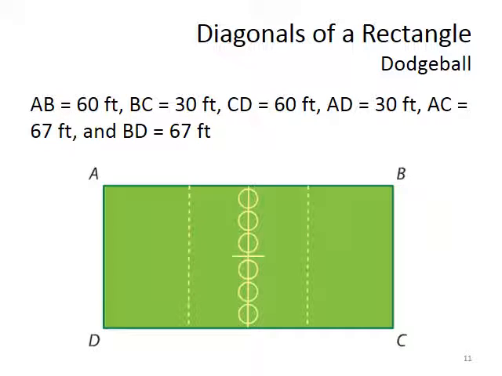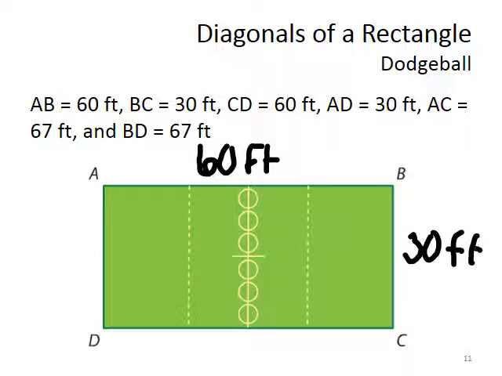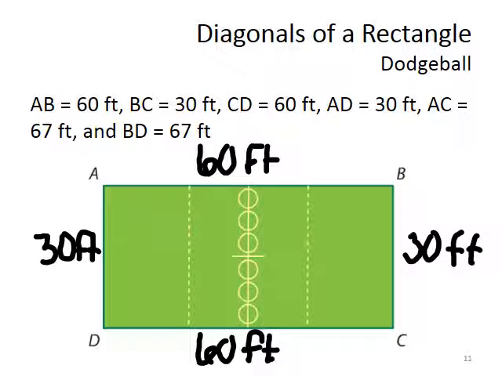All right, I'm going to label the dimensions that we are given. AB, this side, is 60 feet. BC is 30 feet. CD is another 60 feet. AD is another 30 feet. So far, we know it's a quadrilateral because it has four sides.